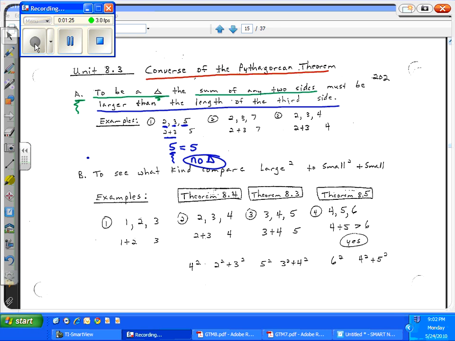In fact, think about it like this: if we took that larger side, 5, you could take your little compass, put the pointy thing there and make an arc.